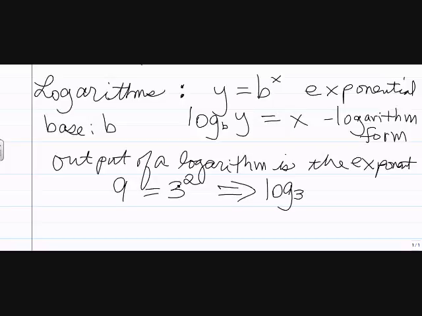That 2 exponent is going to be my output. That 9 is my input. So log base 3 of 9, and you can write the 9 in parentheses, but your book usually won't, equals 2. So log base 3 of 9, if I put 9 into the log base 3 function, I'm supposed to get a 2 out because 3 to the second power equals 9.